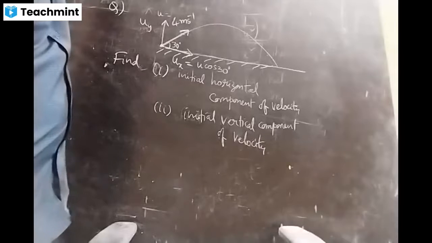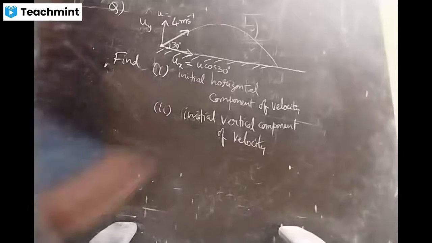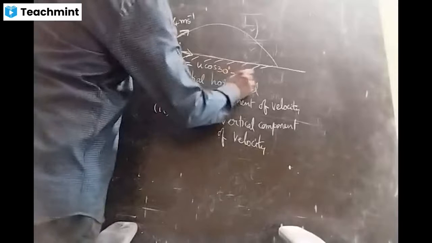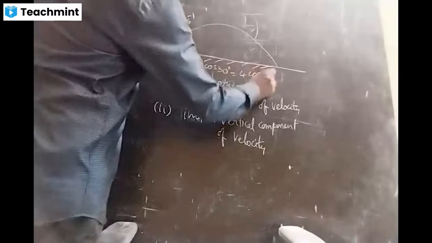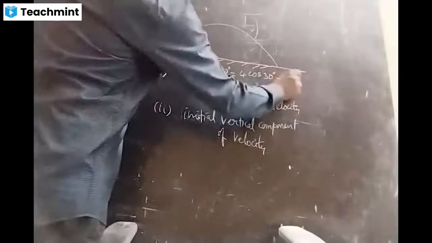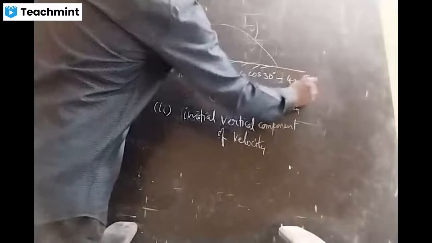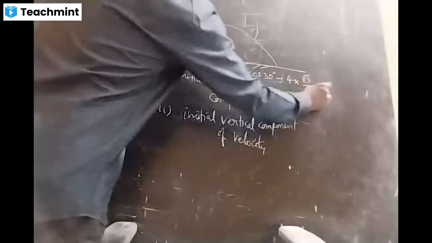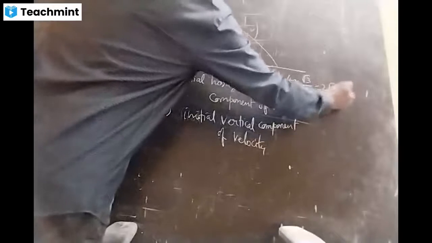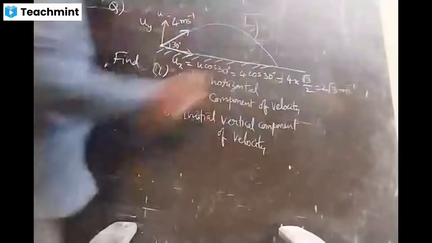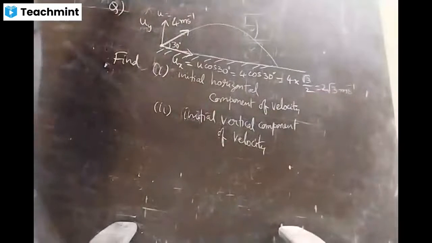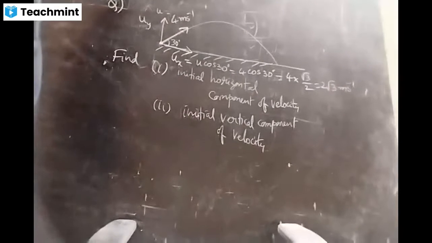is what? Uy is what? Cos 30 degrees. 4 into cos 30. 2√3 meter per second.